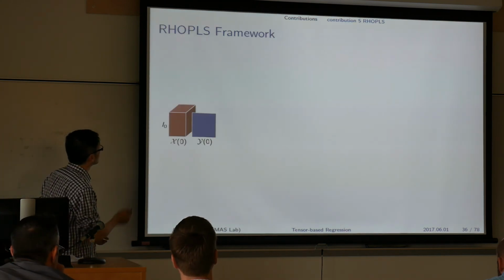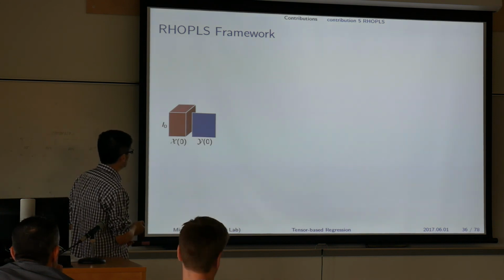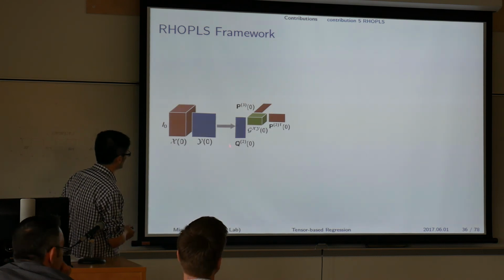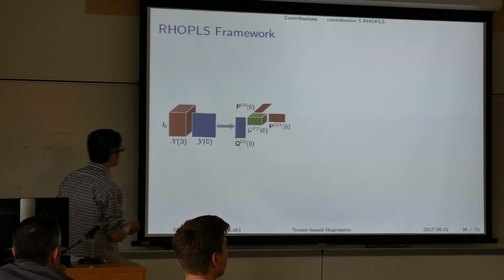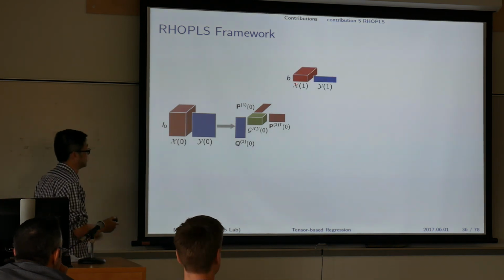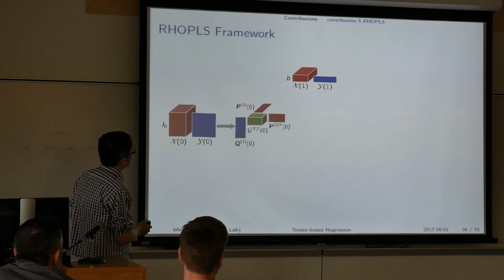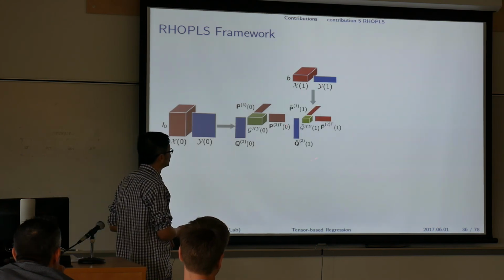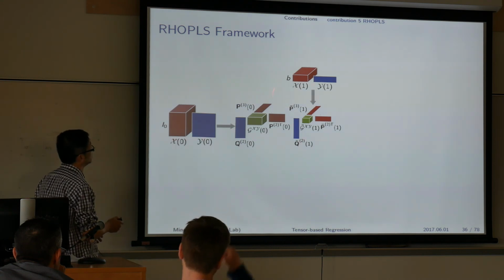And here's the framework. For the initial data pair, we first perform simultaneous Tucker decomposition on them to extract a set of initial factors. When a newly arrived mini batch of size B arrives, it is cheaply decomposed into a set of incremental factors that contain variation corresponding only to the new data.